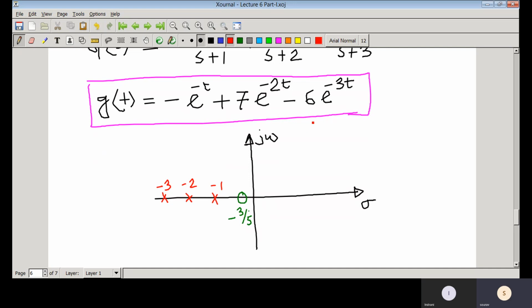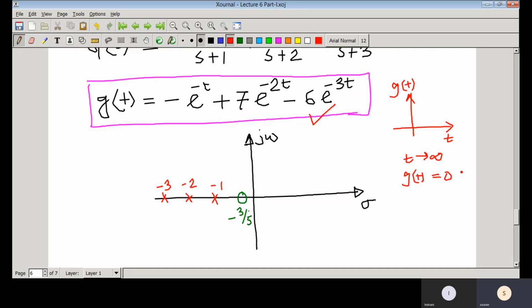Then from this expression, if you plot g(t) versus t, when t tends to infinity obviously all of the terms go to 0, so g(t) would be equal to 0.